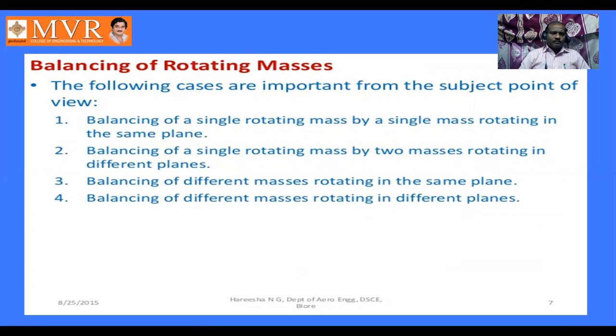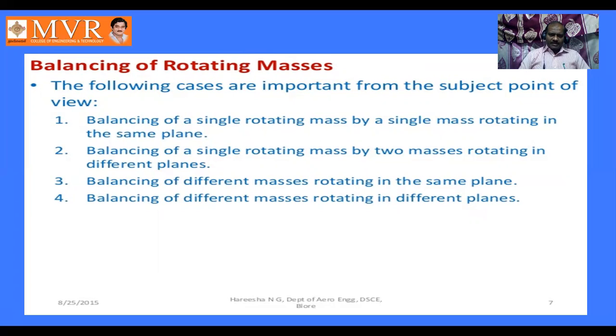If you observe, the following cases are important from the subject point of view. Balancing of a single rotating mass by a single mass rotating in the same plane. Balancing of a single rotating mass by two masses rotating in different planes.